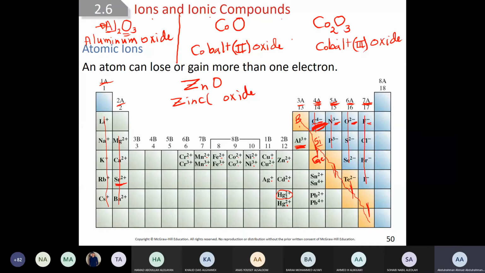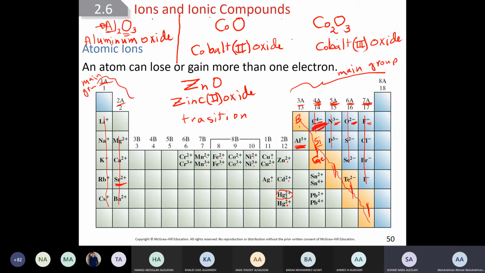Yes, but the best way, because it's not main group, these are called main group, and these are called transition metal. For transition metals, it's better to write 2 like this.